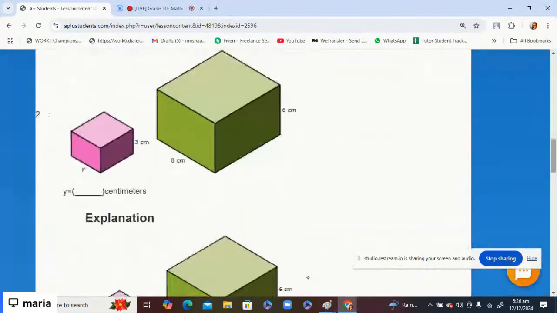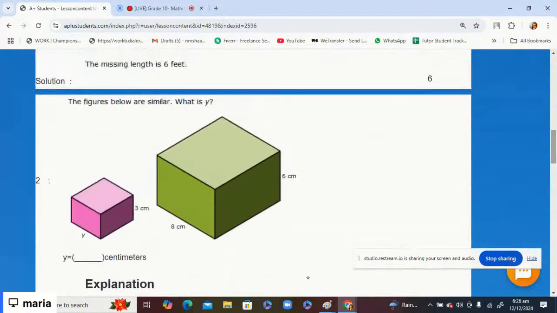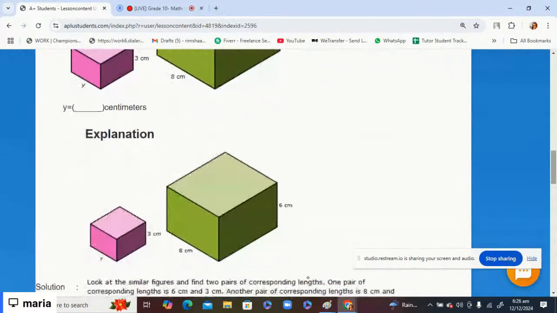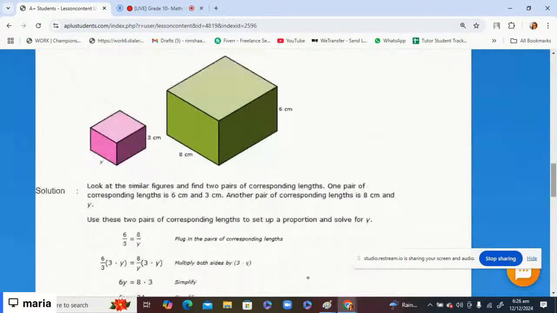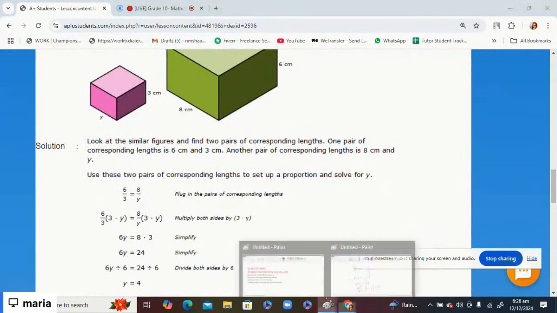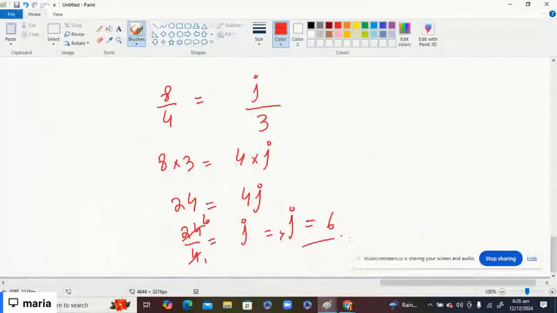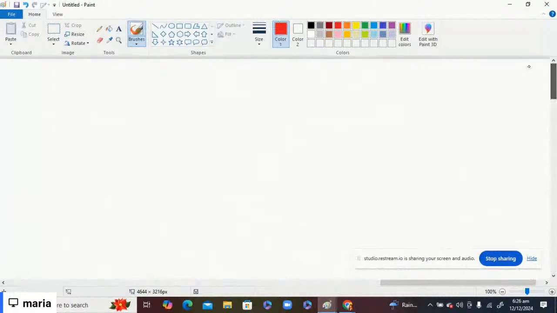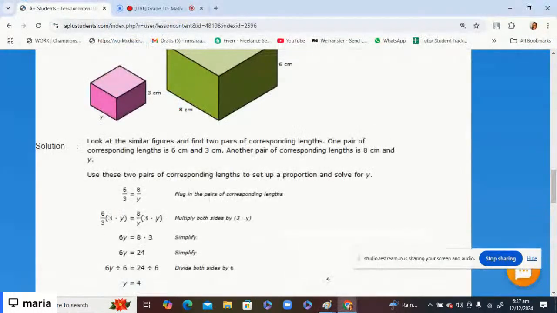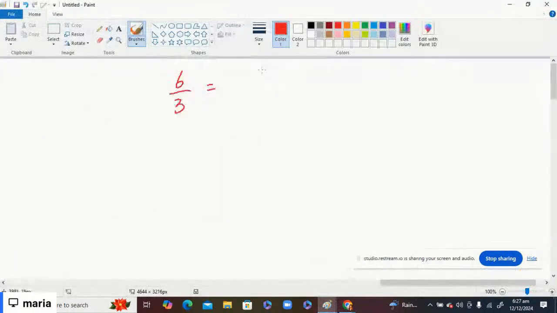Now here it's given the figures below are similar. What is y? Same thing, you're going to divide 6 over 3, then 8 over y. Okay, let's see the answer. 6 over 3 and 8 over y.